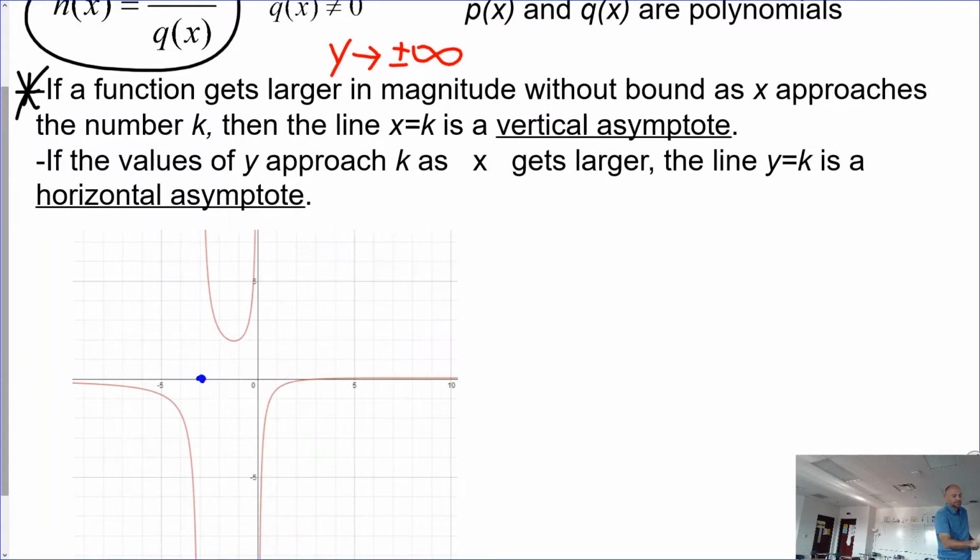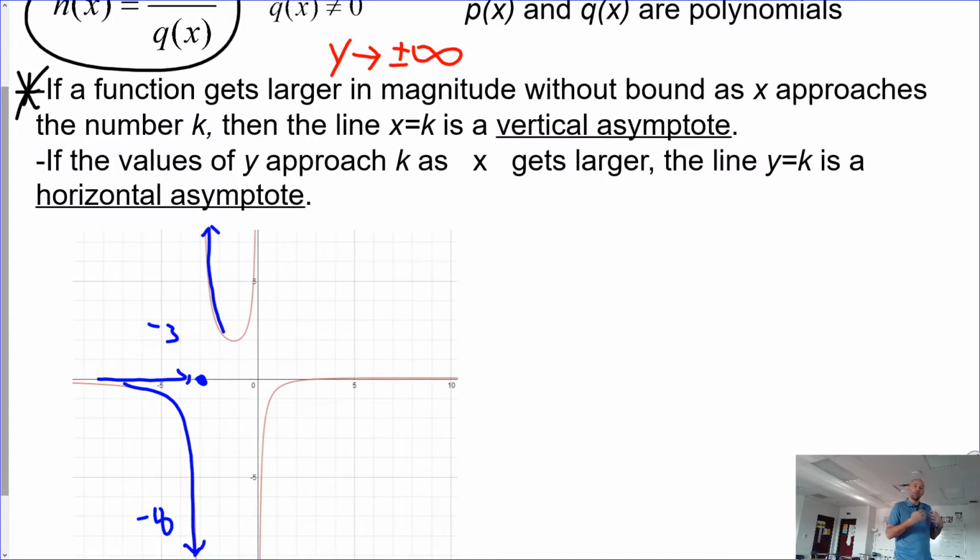If we look at this x value of negative 3, as the x values go towards negative 3, talking about the y values now, these y values keep going down, towards negative infinity. From the other side, as the x values get closer to negative 3 from the positive side, these y values are going up. What we have there is a vertical asymptote.